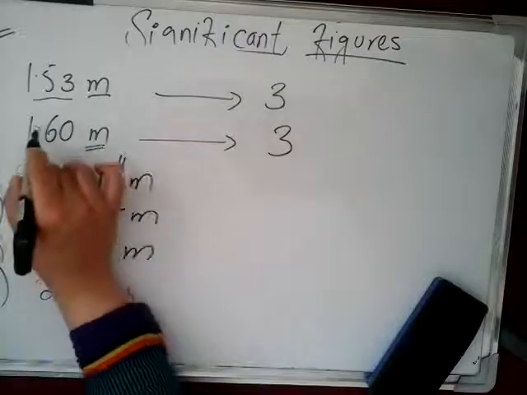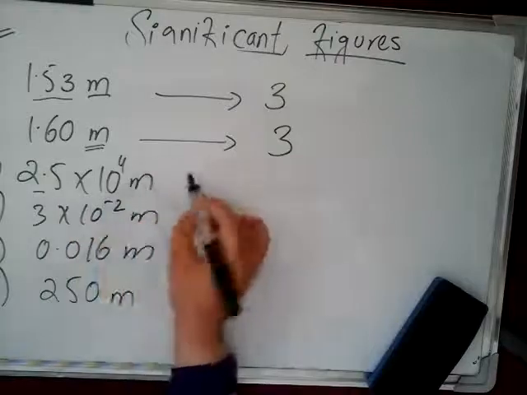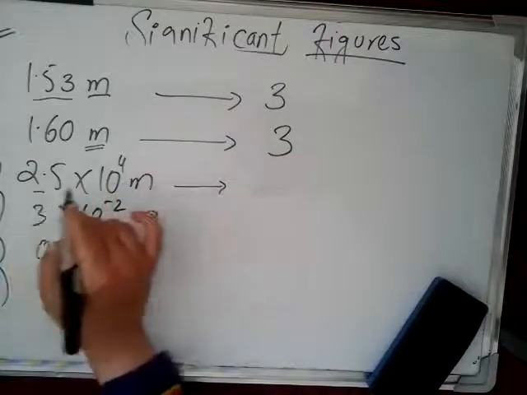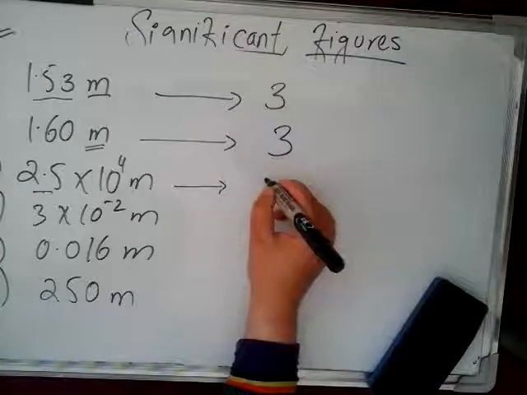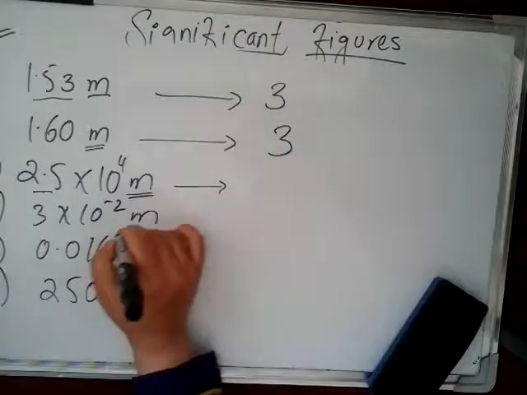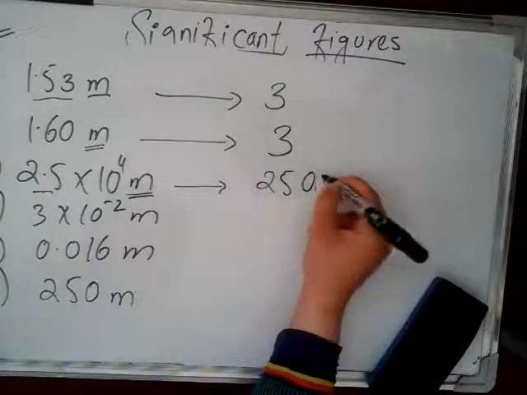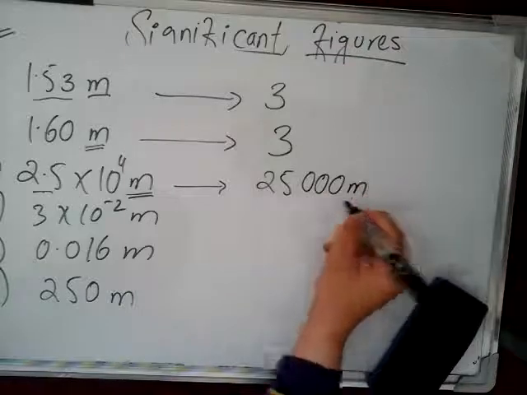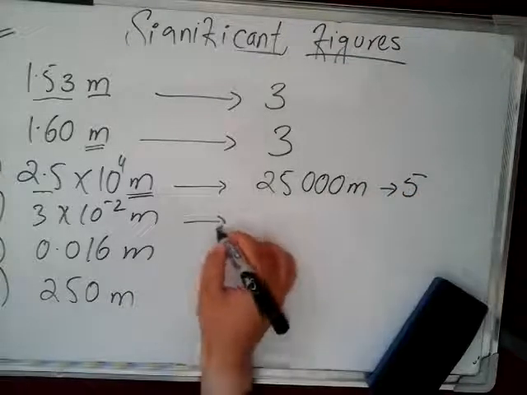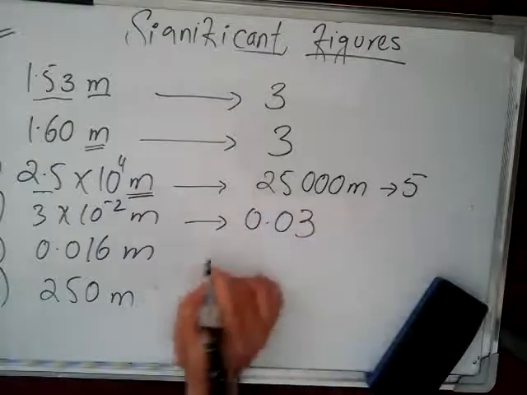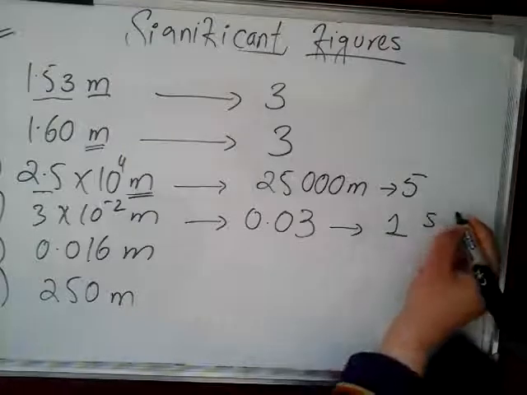Unit is present and the decimal point is also present. So here, how many significant figures? Since the unit is present, 2.5 into 10 raised to power 4 gives 2, 5, so 2 significant figures. Again 3 into 10 raised to power minus 2, so here 1 significant figure.